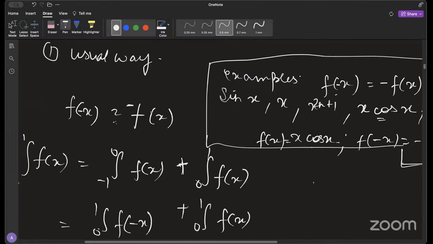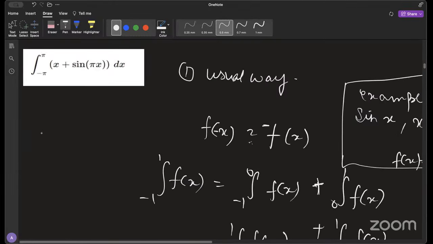So if you have a function like that, and in fact, the question that you have, your x plus sine pi x function: if I replace x with a minus x, I'll have minus x plus sine of pi and minus x here, so it will just be minus sine pi x.